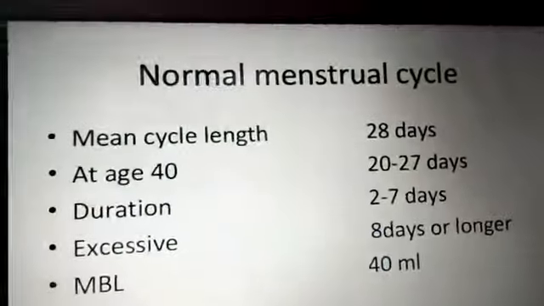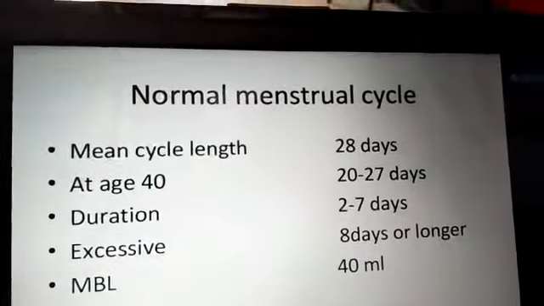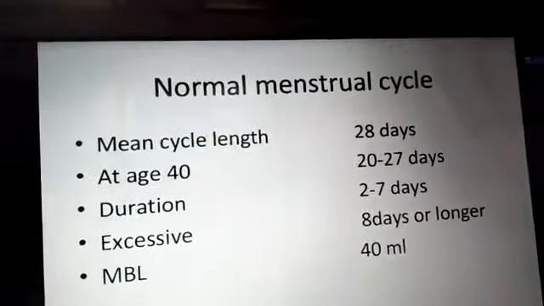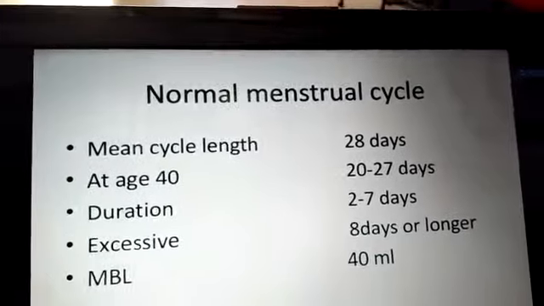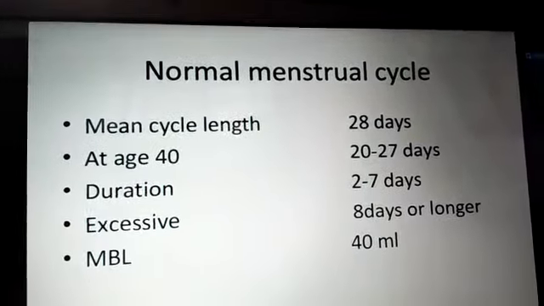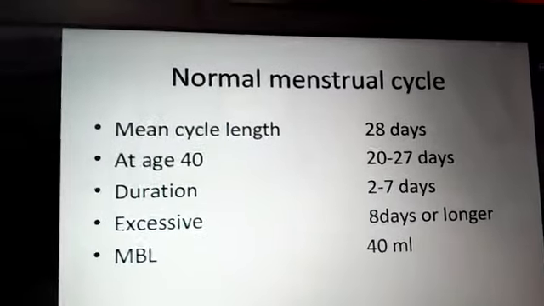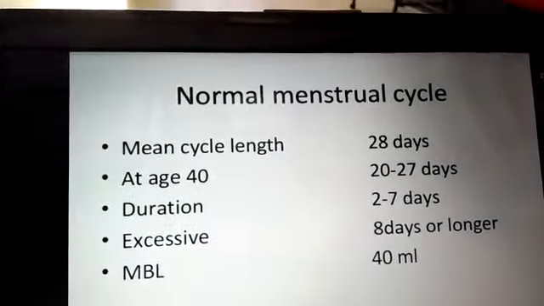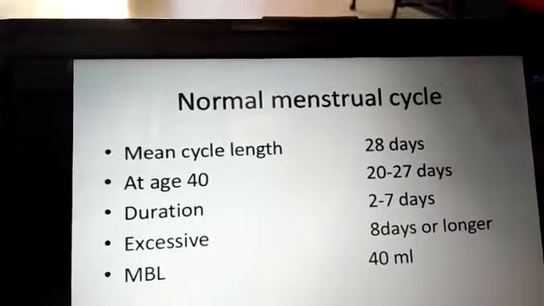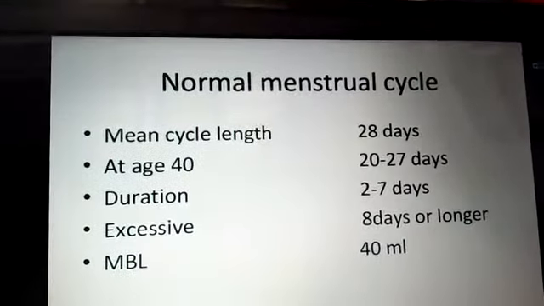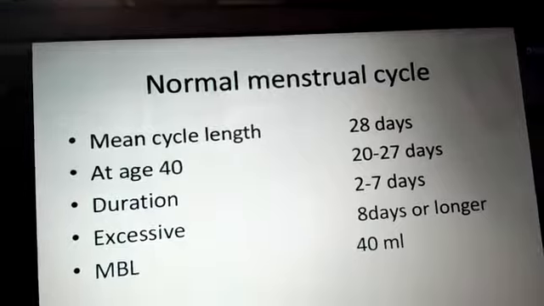For understanding this, what we require is the normal menstrual cycle. As we know, the normal menstrual cycle length is 28 days, ranging from 20 to 27 days. Duration is 2 to 7 days, and excess is more than 8 days or longer.